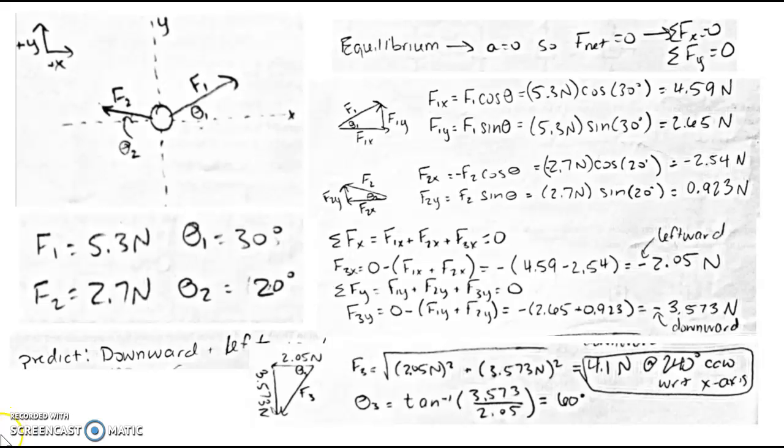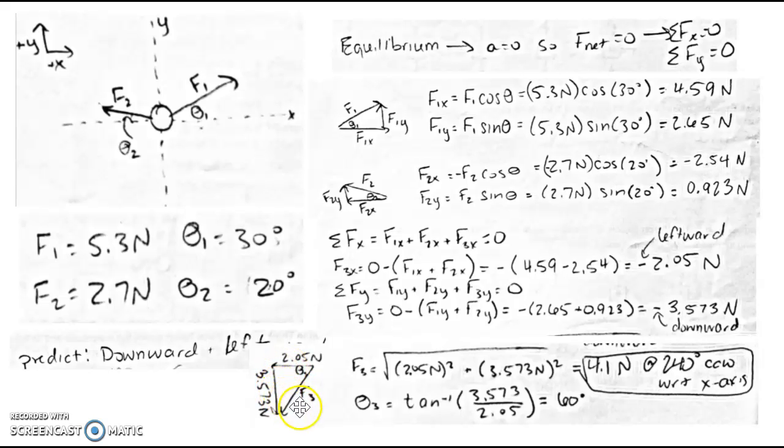I drew my horizontal component of that force that's leftward with a magnitude of 2.05 newtons, and a downward component of 3.573 newtons. Adding those two vectors gives us a resultant vector of our total force, F3. I'm going to call that angle theta 3, just for convenience.